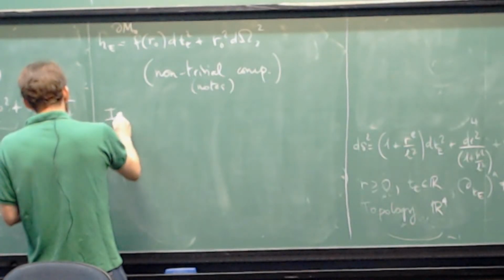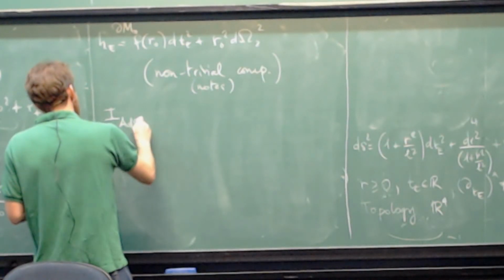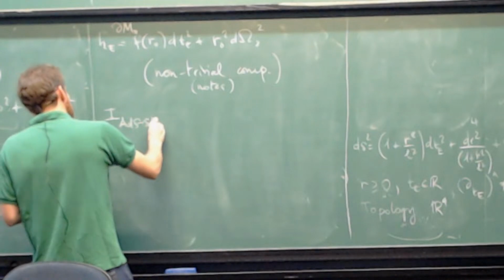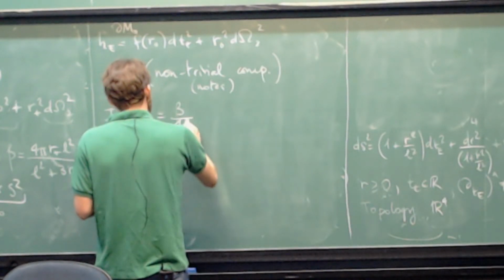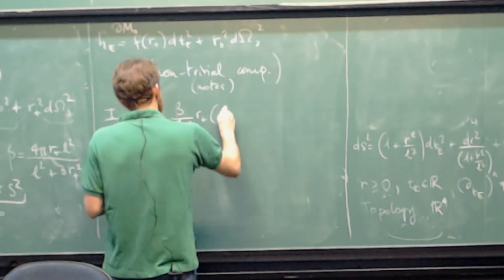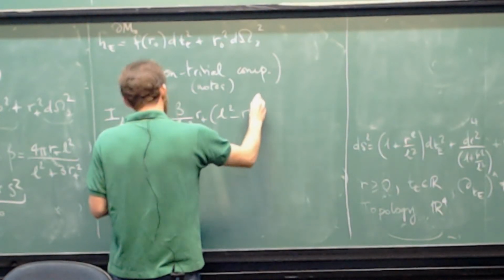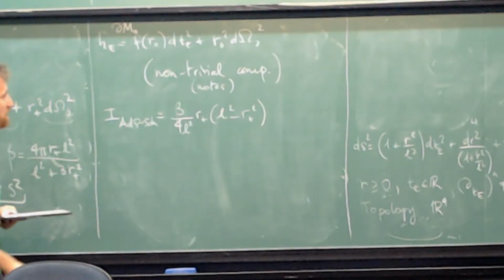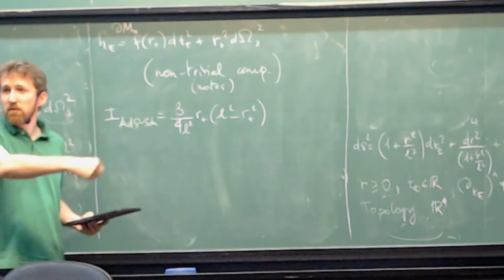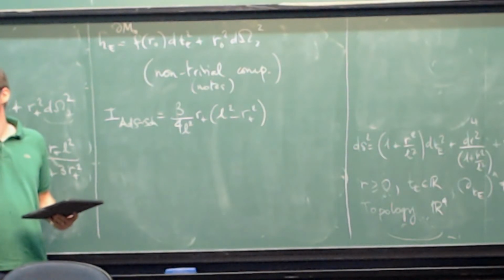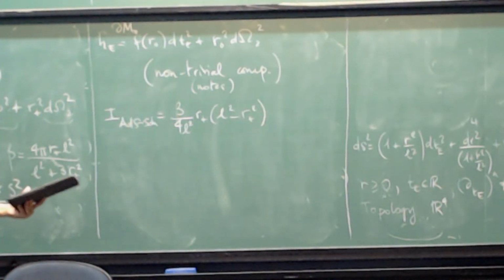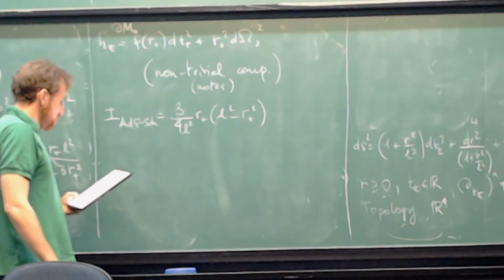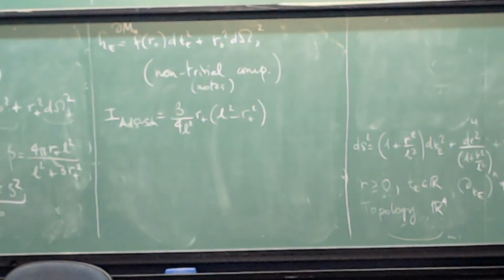And the final result is that the action of AdS Schwarzschild is equal to beta divided by 4L squared, r plus times (L squared minus r plus squared). As r plus goes to 0, so if I remove the black hole, this goes to 0, so I go to AdS. Okay, so let's do some physics with this.